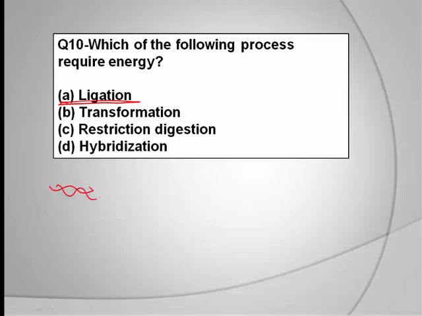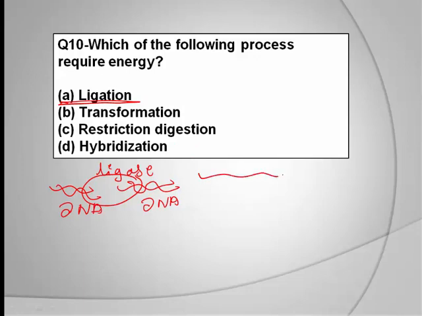Here are two DNA fragments and we want to join them. When both the DNA fragments are treated with the enzyme ligase, the DNA fragments can be joined with each other. The process is called ligation. Joining of DNA fragments with the help of ligase.